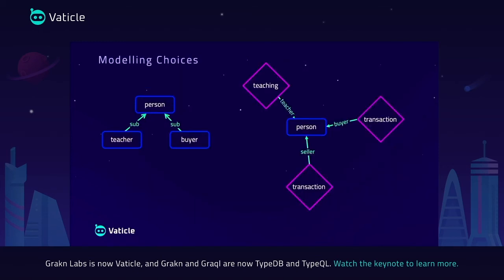Now, to that end, I want to make this point as well. Anyone who's done a session with me knows that we talk about modeling choices a lot, because when we have this expressive way in TypeQL to model systems, we want to make sure we're using it correctly.